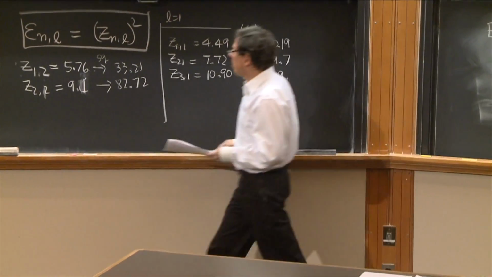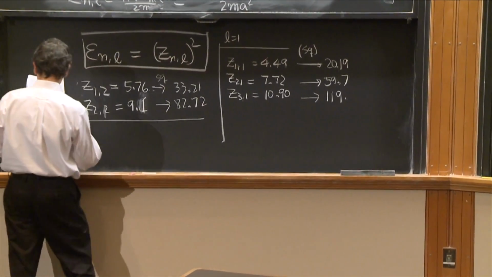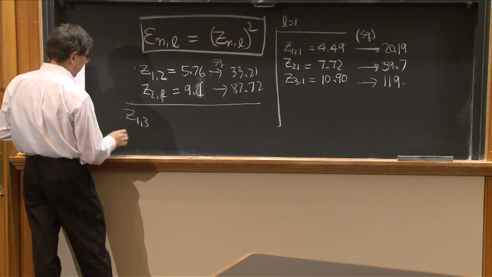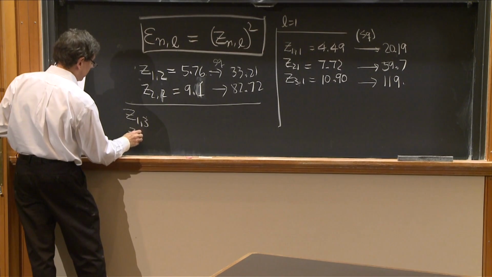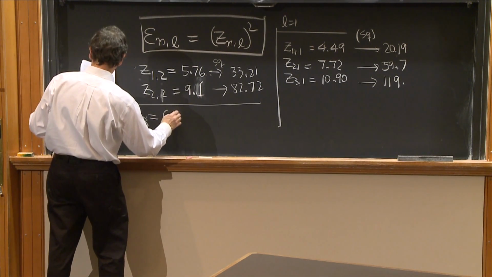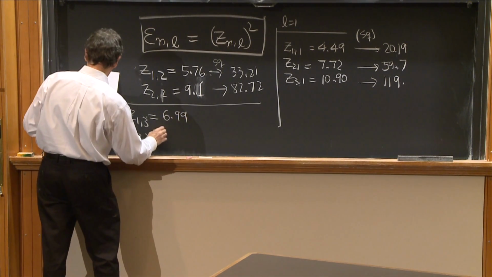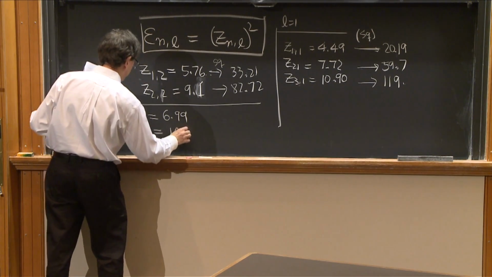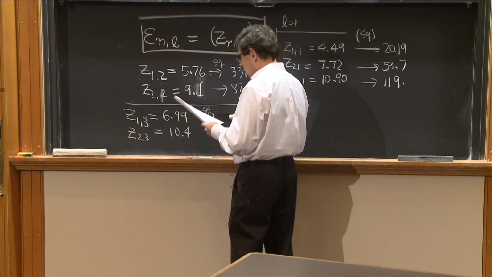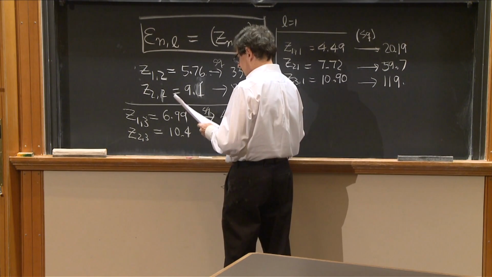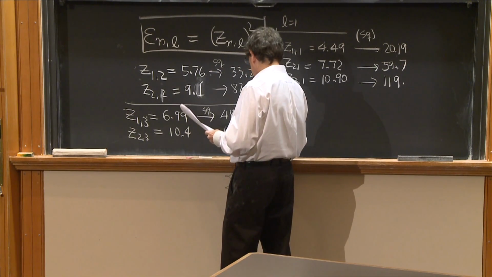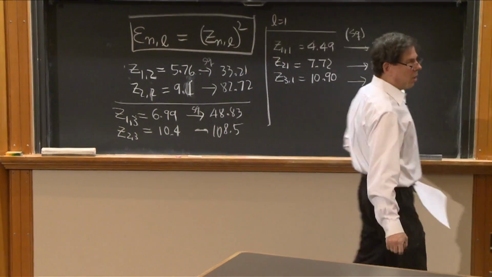And finally, let me do one more. Z_13, the first zero of the l equals 3, and Z_23, the second zero, are 6.99 and 10.4, which when squared give you 48.83 and 108.5. Okay.